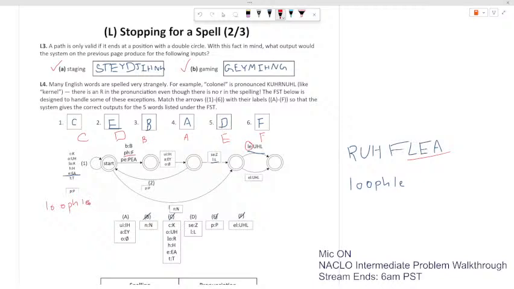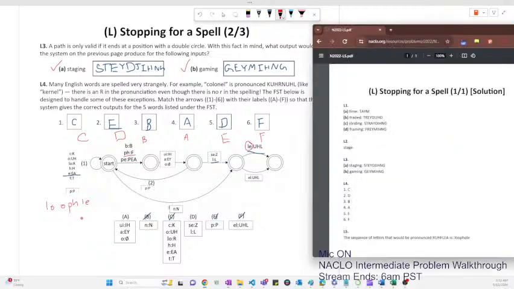I'm still getting a loophole. Loofle. But where are they getting the O from? Loophole.